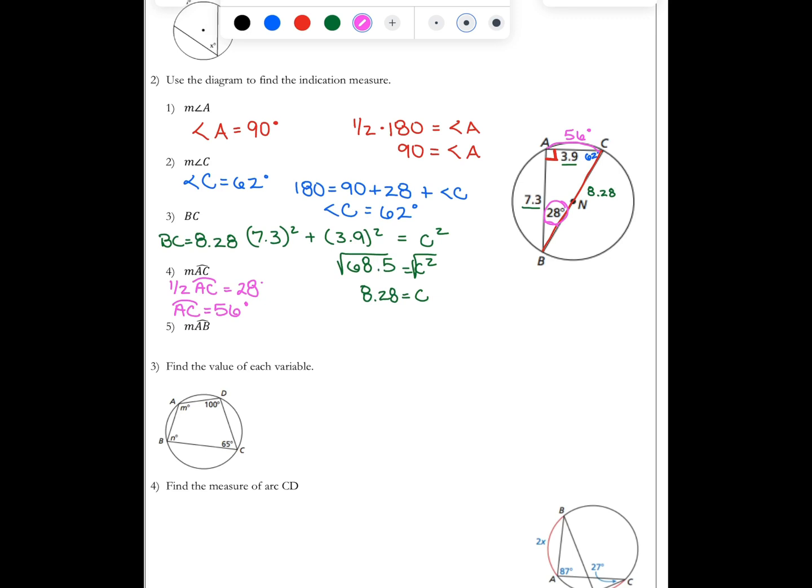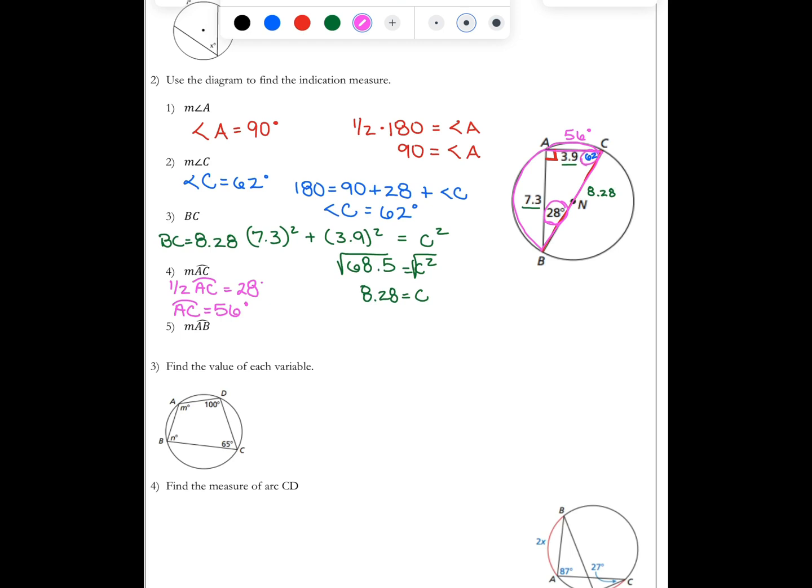And the last one is wanting us to find arc AB. So we need to find this arc here. Our angle that corresponds to that is going to be ACB, which we found earlier is 62 degrees.